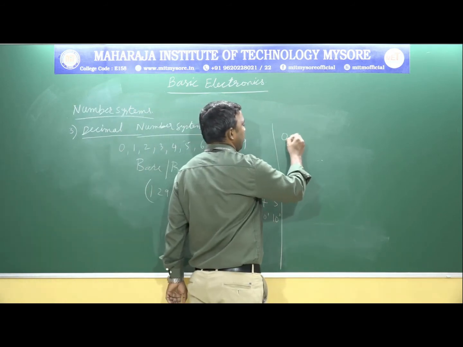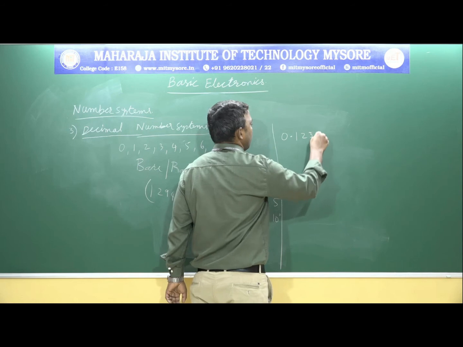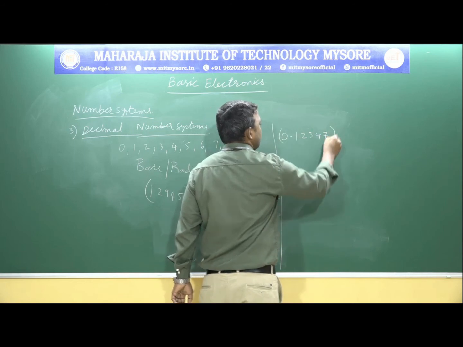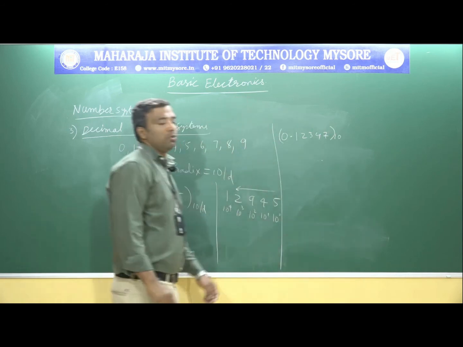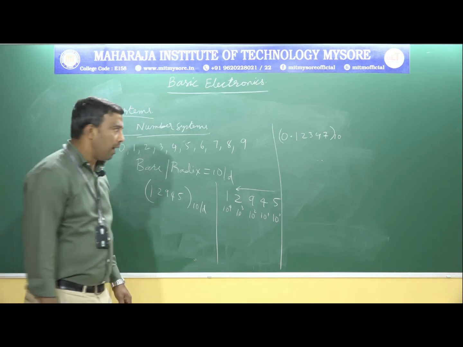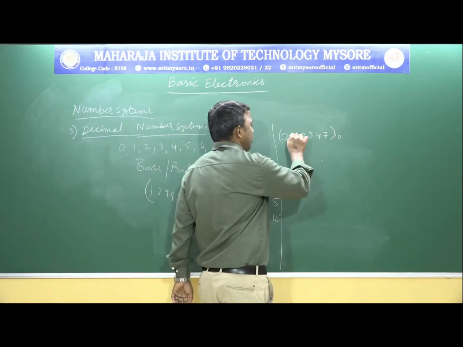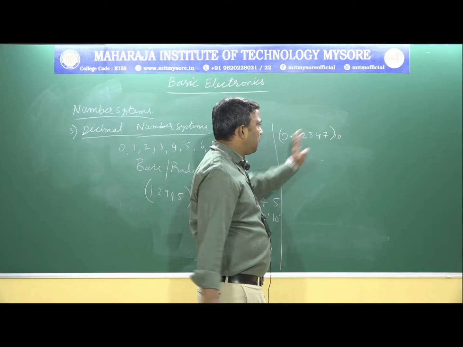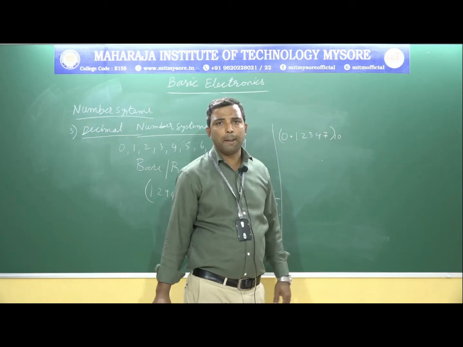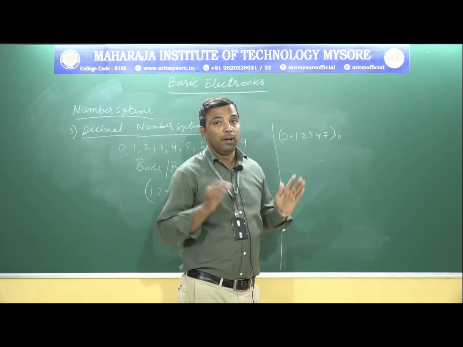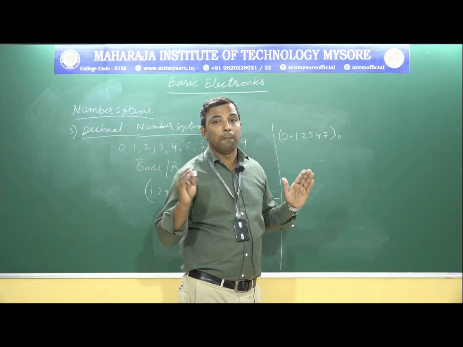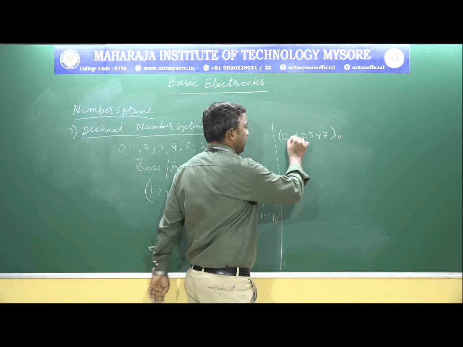For a fractional number, consider for example 0.12347. After the decimal point, the positional values are 10 to negative powers.